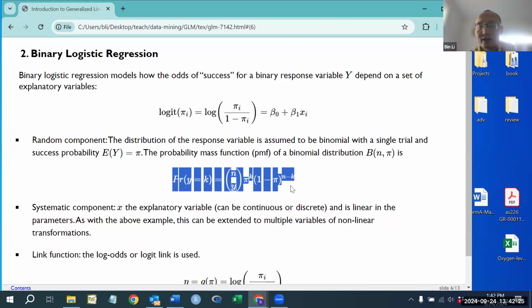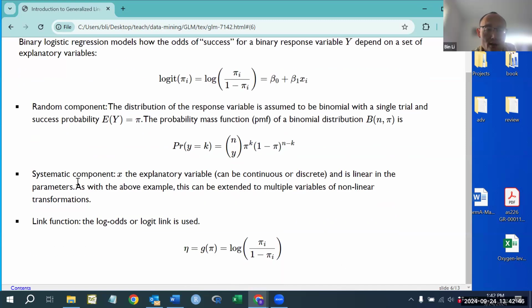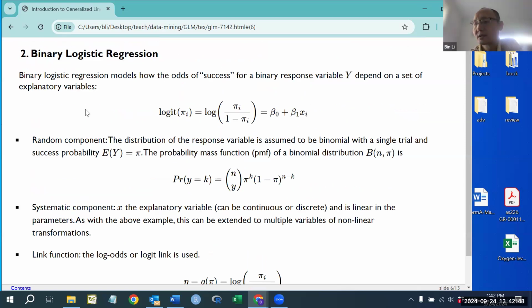For a discrete distribution, we call it probability mass function instead of probability density function. You can check this one also belongs to the exponential family. So this is the logistic regression. We will see some examples in a minute.